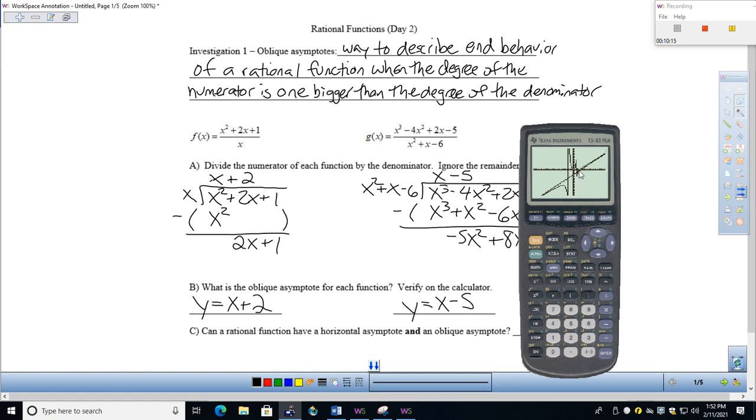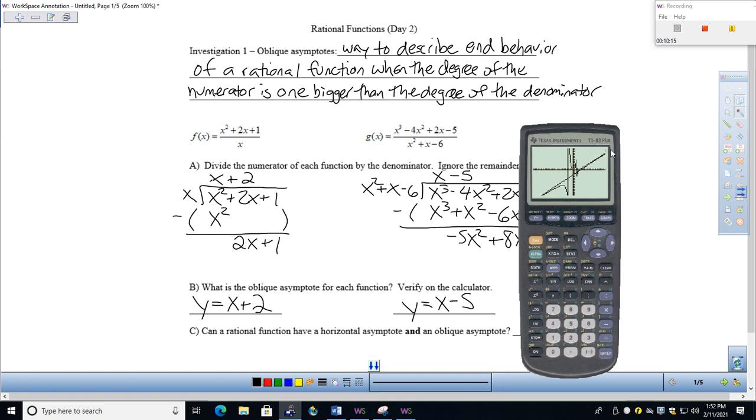So what it is saying is eventually, at the end of the graph, the function values are going to get closer to that diagonal line. They're going to get infinitely close, but they're not going to touch it or cross it. Again, they can touch it or cross it in the middle of the graph, but eventually, as x gets larger and larger and larger, those values will get infinitely close to our line, but not touch or cross. All right, good.